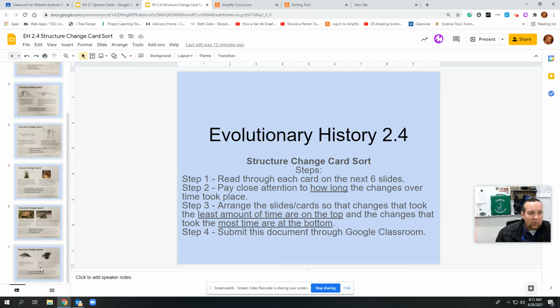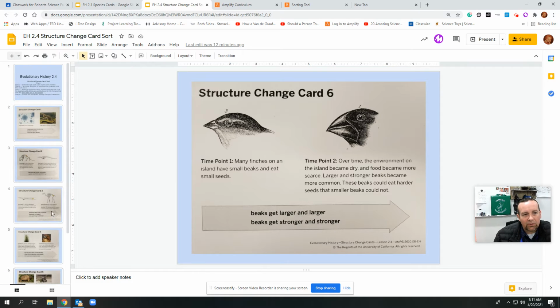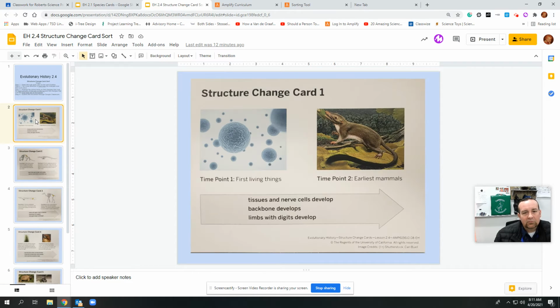So looking at this first card, or card number 6 here, starting backwards, would you say that this was a change that took a long time to happen over evolutionary time? Or was it relatively quick? So let's compare that change with card 6 with card 1.